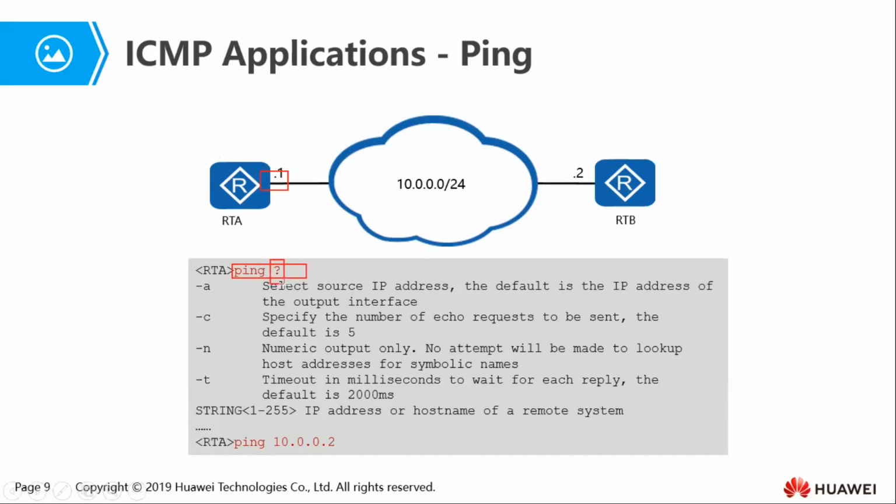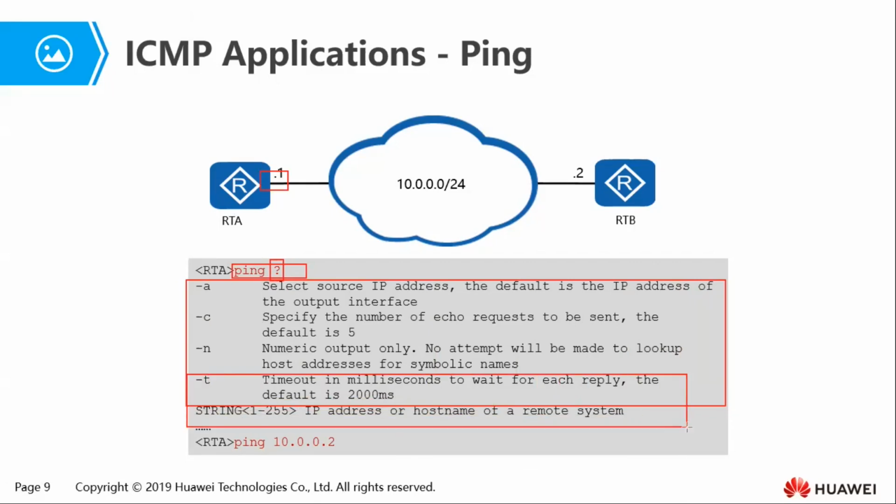This is what is called a complete help. The complete help will list the options that we can enter after the keyword ping. One of the options is -T. This -T can help us vary the timeout in milliseconds.